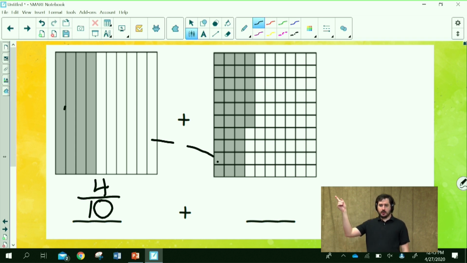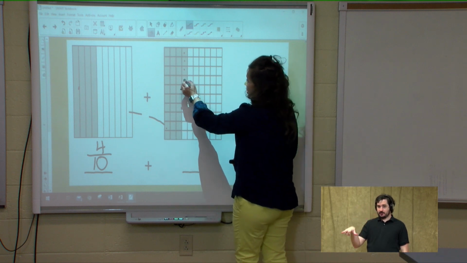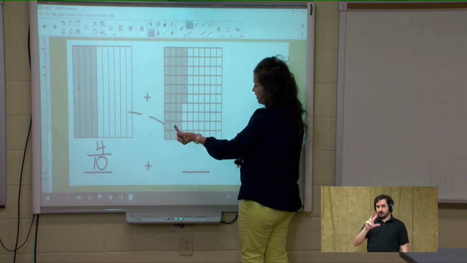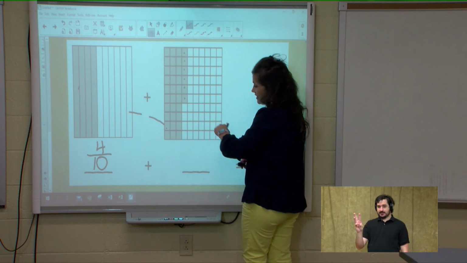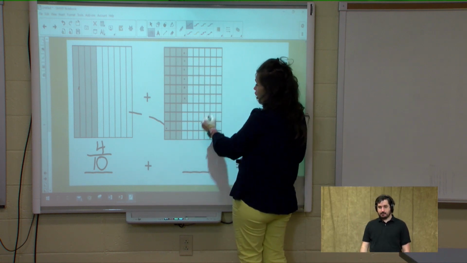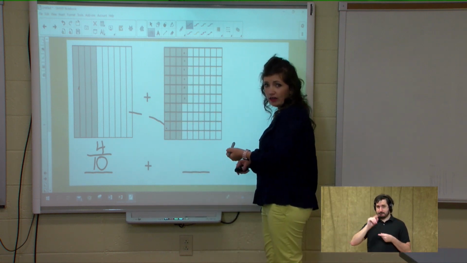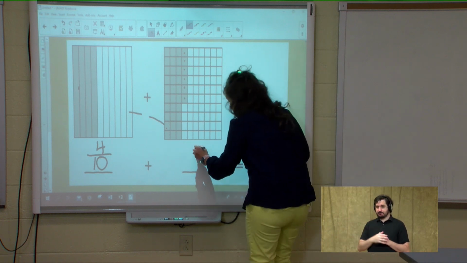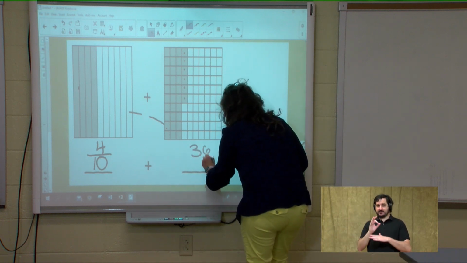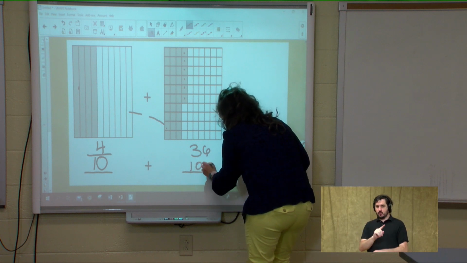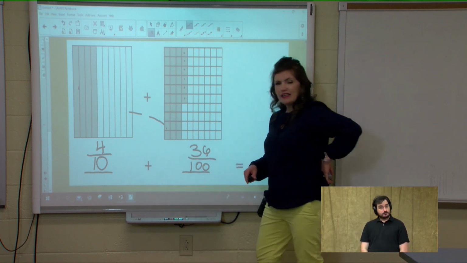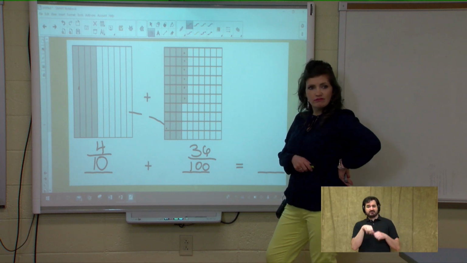Well, I have 10, 20, 30, 31. Count with me. 32, 33, 34, 35, 36. How many total units or parts are there? 100. So this fraction would be 36/100. But can I add them like that?